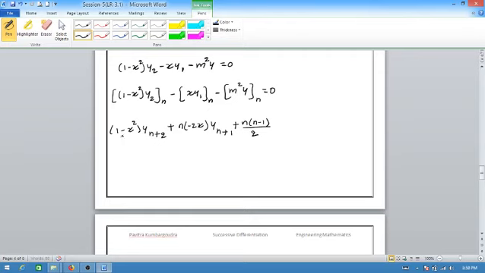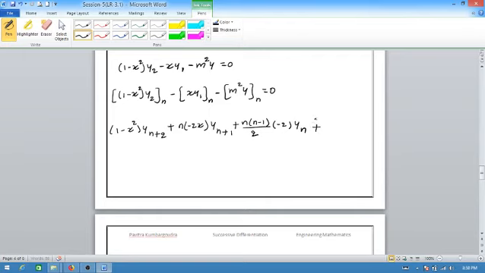Second derivative of 1 minus x square: first derivative is minus 2x, second derivative is minus 2. Then the n minus 2th derivative of y2 is yn. The next differentiation of 2 becomes 0. Therefore the terms are 0.